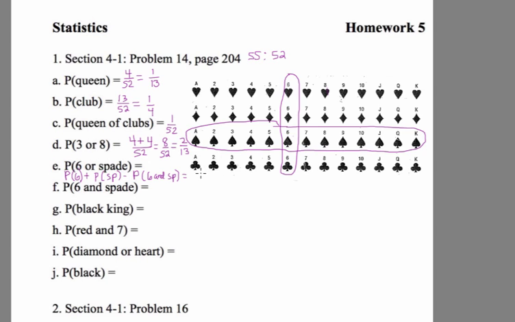So the probability that you have a 6 is 4 out of 52, plus the probability that you have a spade, there's 13 of those, so 4 6s, 13 spades, and then subtract off the one that you just double counted, that 6 of spades. There's one choice there. So 4 plus 13 minus 1 gives us 16 out of 52. Reduced becomes 4/13.